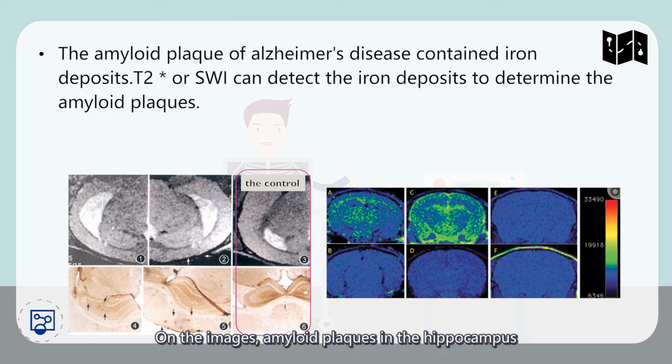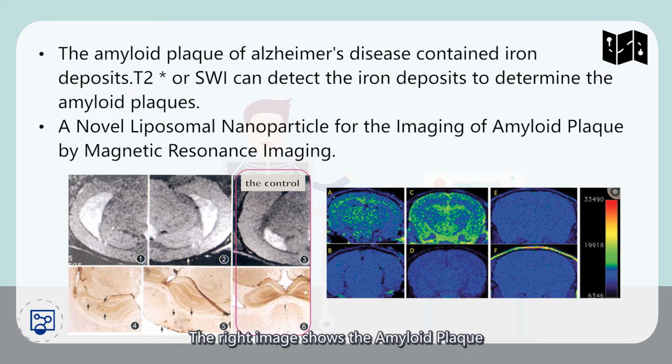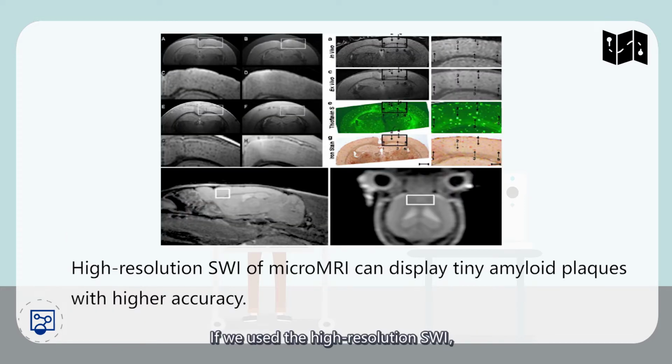On the image, amyloid plaques in the hippocampus or cortex of the mice are shown respectively, and immunohistochemical staining confirms the close relationship between both. The right image shows the amyloid plaques using novel liposomal nanoparticles by MRI. If you use high-resolution SWI, some tiny amyloid plaques are shown here, and the detection effect is similar to fluorescence and histological staining.